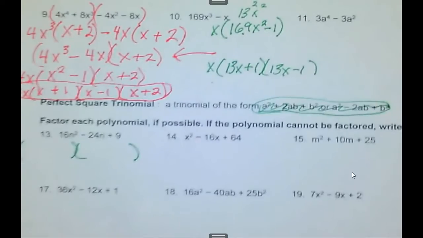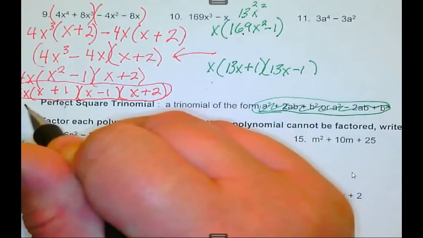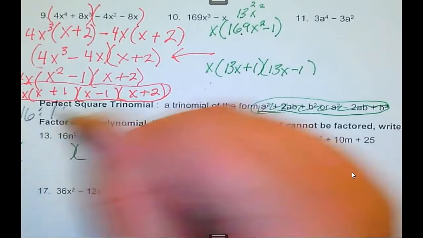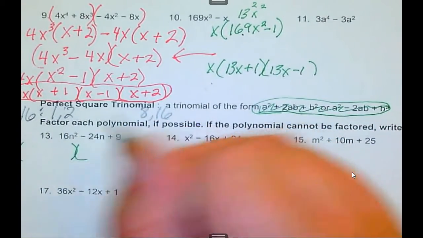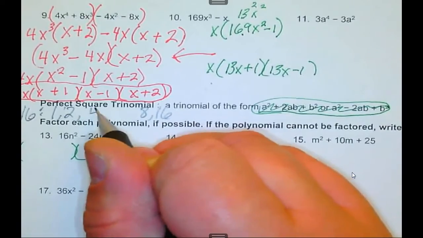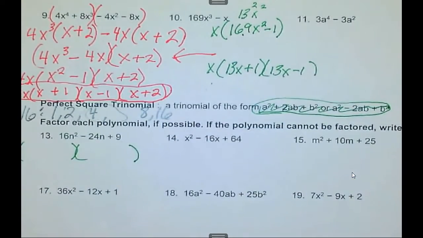I usually start in the middle. If we have the factors of 16, we have 1 and 16, 2 and 8, and 4 times 4. I always start in the middle. I don't know why, I just think it's easier for me.